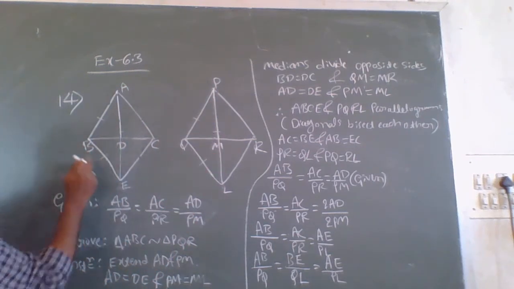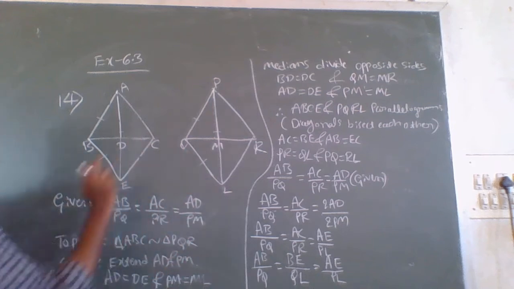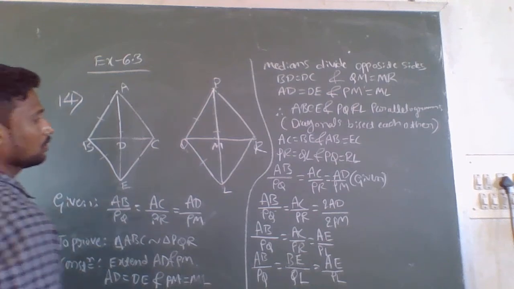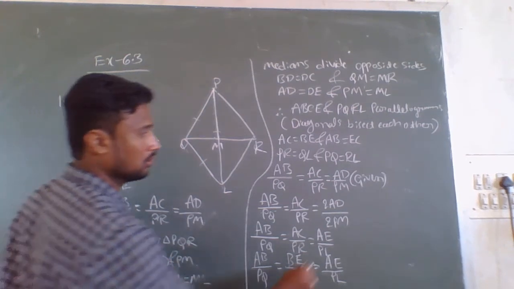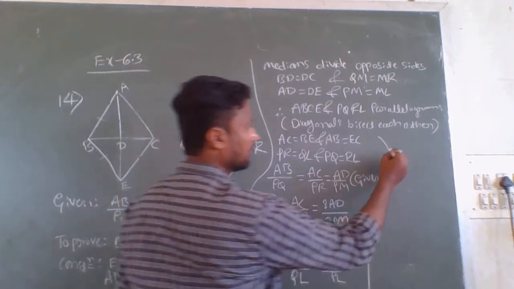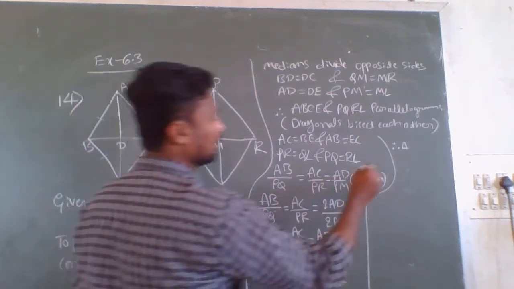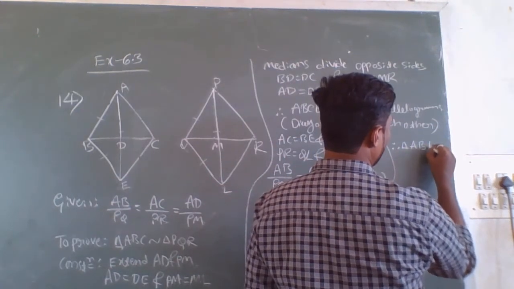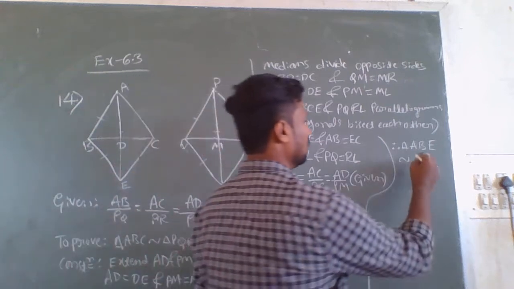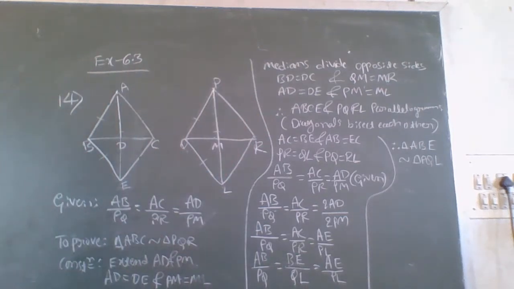So now we know these three sides are proportional, which means triangles ABE and PQL are similar by sides. So by these three sides we can write: therefore triangle ABE is similar to triangle PQL. These two triangles are similar now.